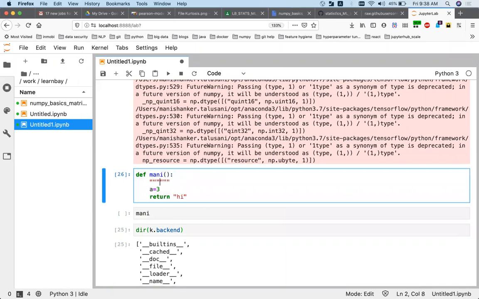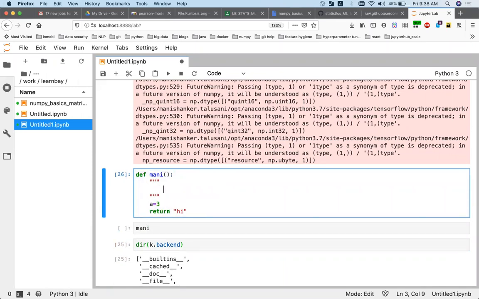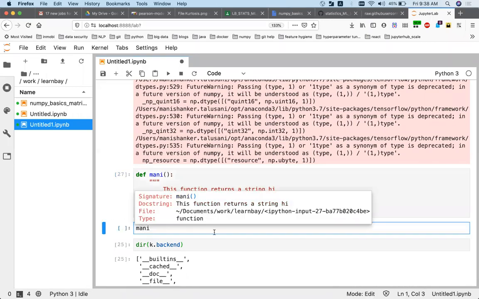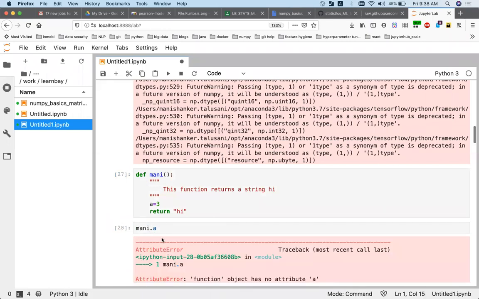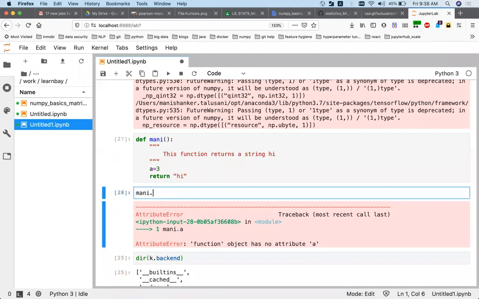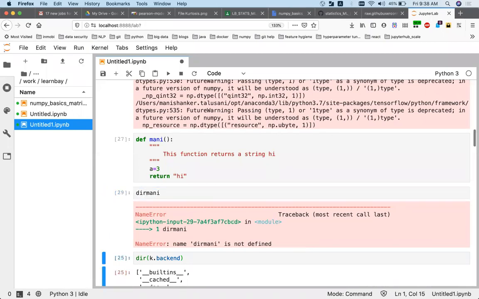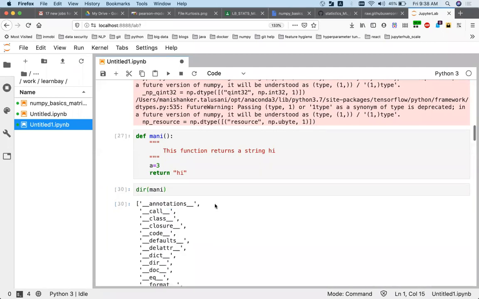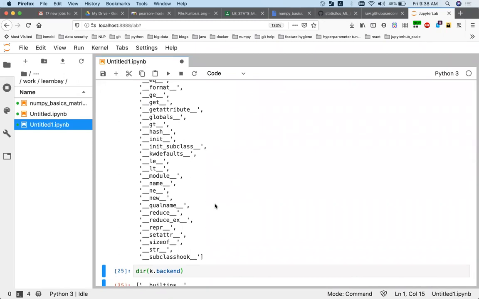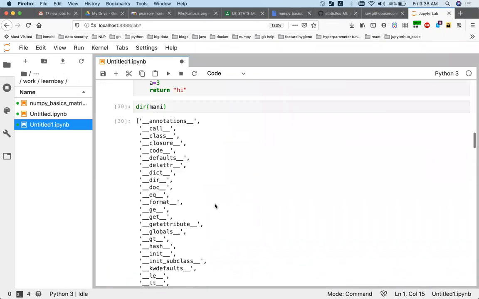But if you are a good programmer, you will include something like this in the function. You can have a doc string like this, so that will make it more clear, right? So let's say if you do money dot. I think I have to declare that as something else. But anyhow, you guys get the idea, right?